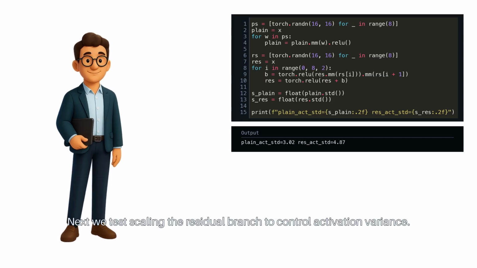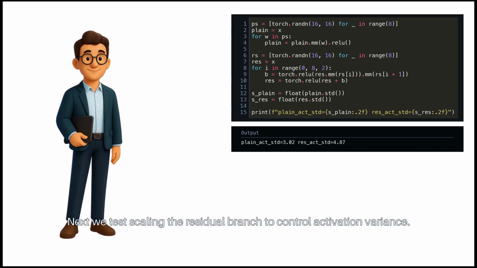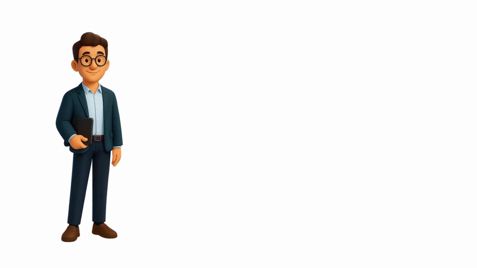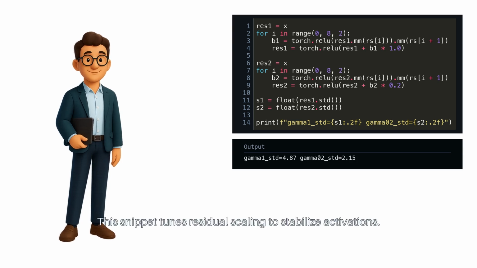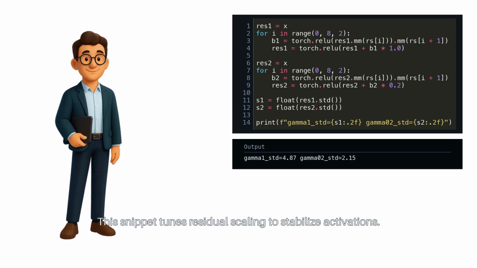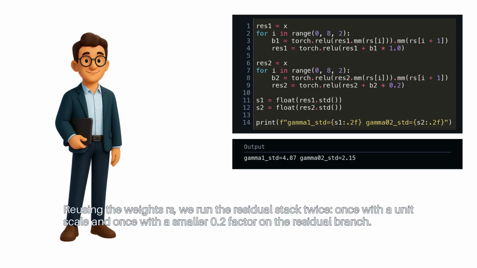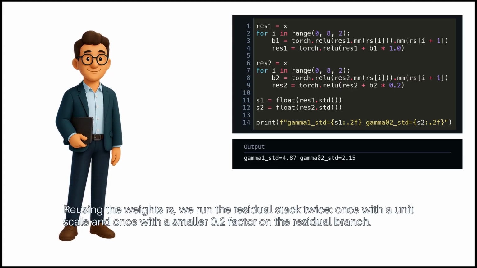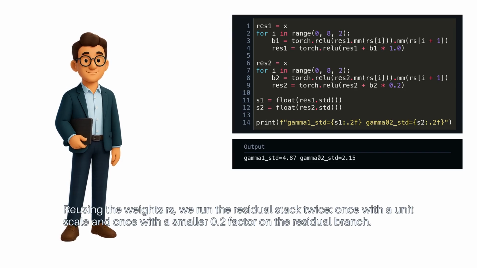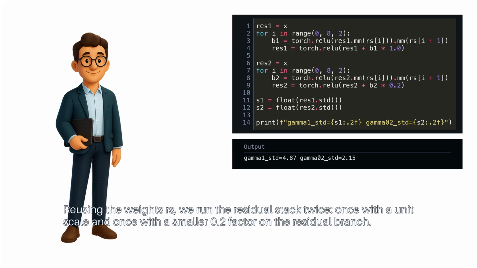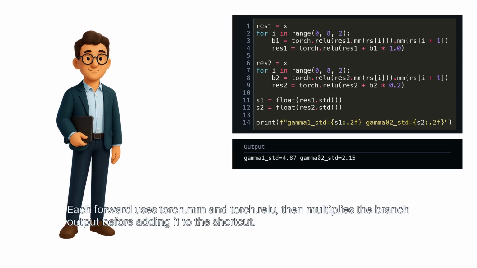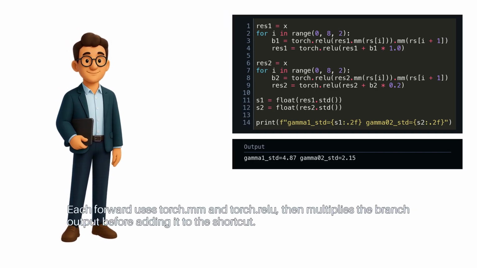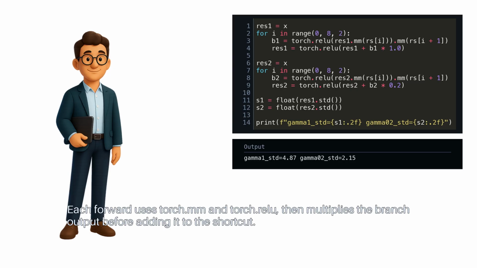Next, we test scaling the residual branch to control activation variance. This snippet tunes residual scaling to stabilize activations. Reusing the weights Rs, we run the residual stack twice, once with a unit scale and once with a smaller 0.2 factor on the residual branch. Each forward uses torch.mm and torch.relu, then multiplies the branch output before adding it to the shortcut.